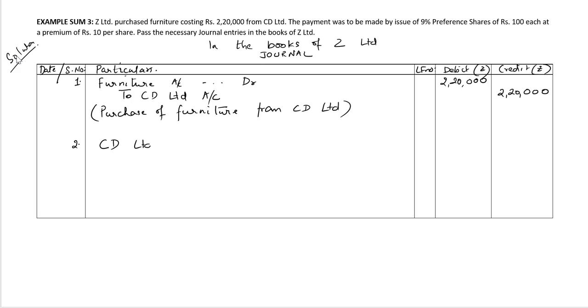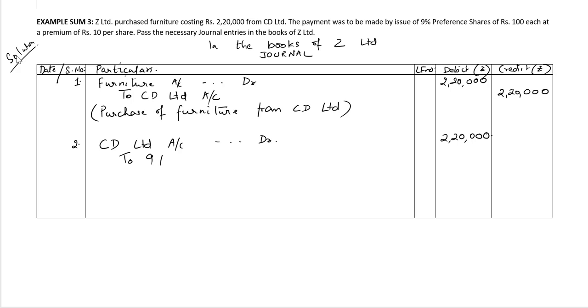CD Limited account, debit. The amount payable to CD Limited is 2,20,000 rupees. The shares which have been issued are 9% preference shares, and these shares have been issued at a premium of rupees 10 per share.